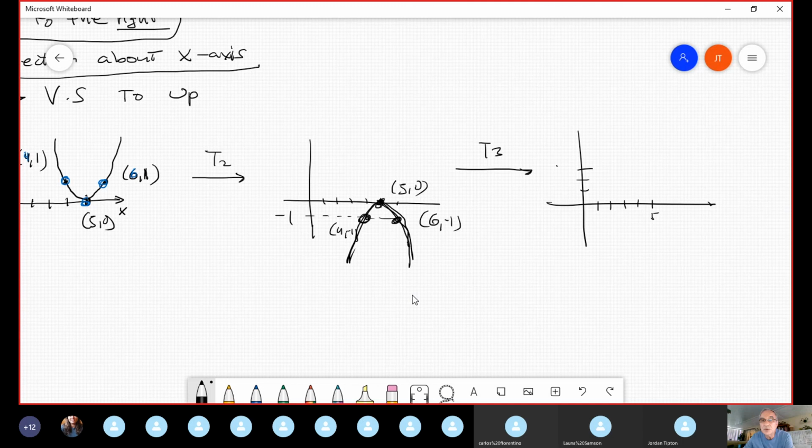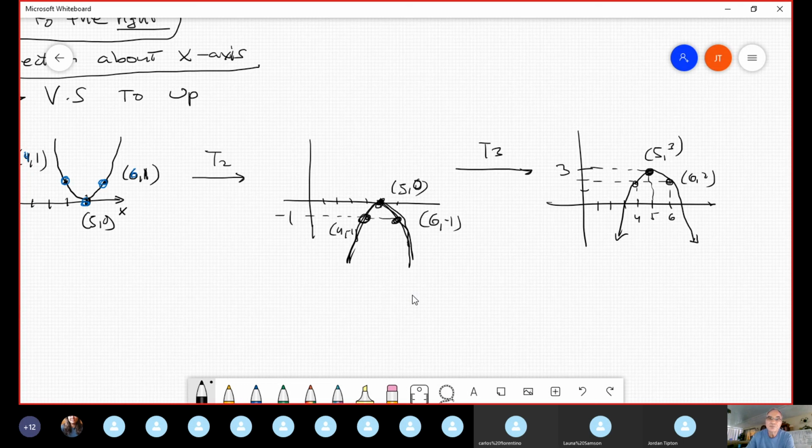Why? Because you add 3 to every y component. 0 plus 3 is 3. -1 plus 3 is 2. So (6,2), (5,3), and of course (4,2) again. And this is my final answer after the 3 transformations.